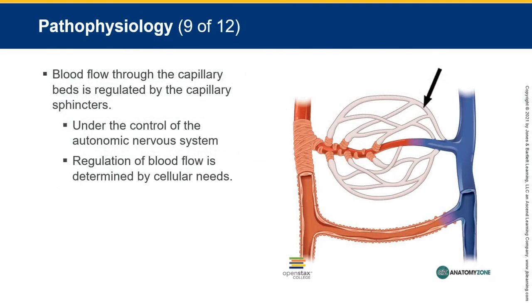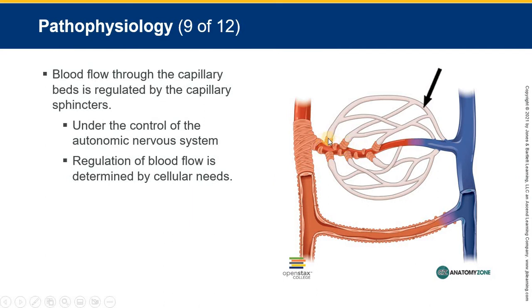So we've talked about shunting before, where your body will shunt the blood from your extremities into your core, into your chest, for your heart and your brain. The way this happens is the blood flow through the capillaries is regulated by circular muscles called capillary sphincters.